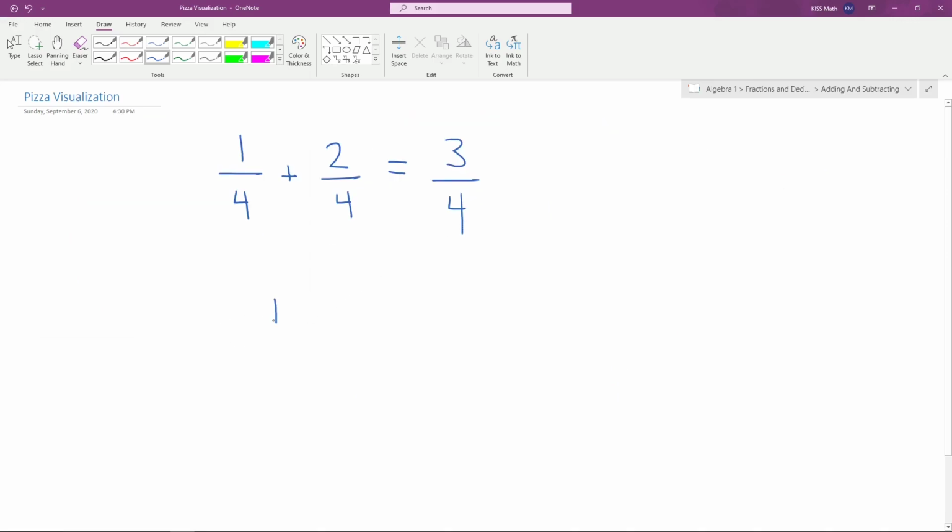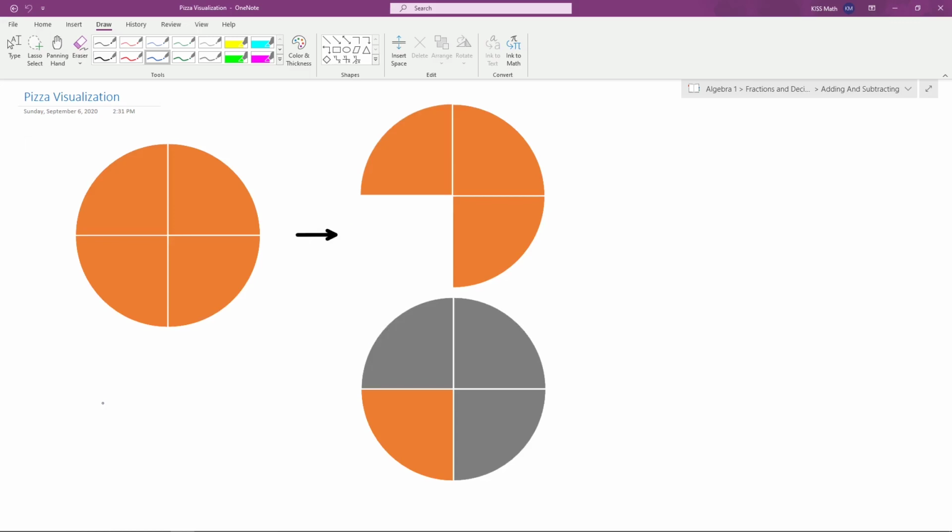How about 1 over 4 plus 1/2? Although the numbers are a little different, this is actually the same problem if you look closely. So you still start out with 4 out of 4 pizza slices. You ate one of those slices, and then you broke down, and you ate another 2 slices.